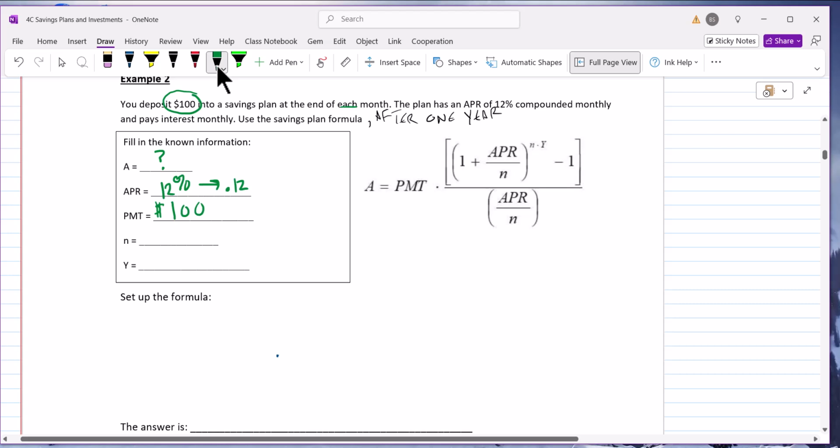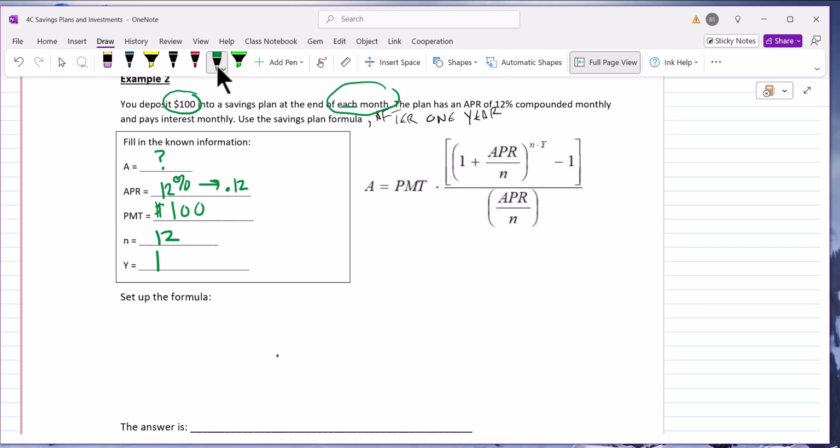N is the number of times you compound in a year. Since you're making monthly payments, you're going to make 12 payments in that year. And then Y is going to be the 1 year. So that's how everything is set up.